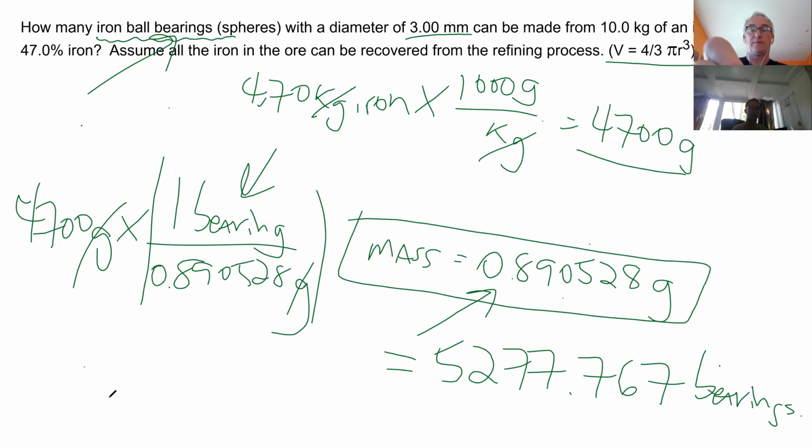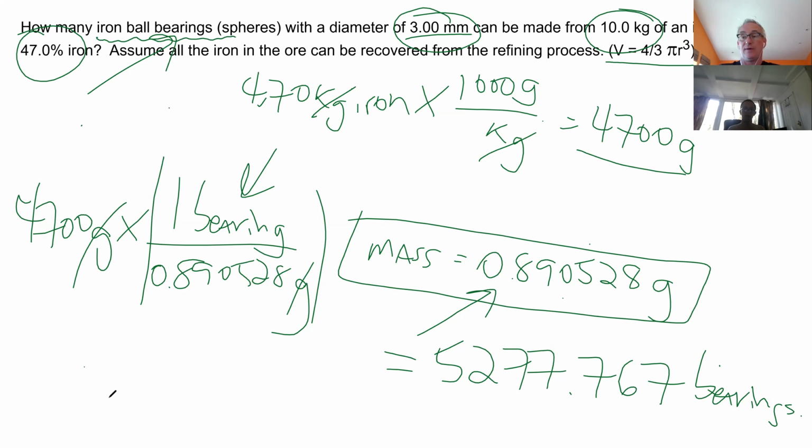So we've got 3 millimeters, 10 kilograms, and 47%. Which one of those has the least number of significant digits? All of those. Yeah, they all have the same, which is how many? 3 sig figs, precisely. So our final answer has to have 3 significant digits in it.